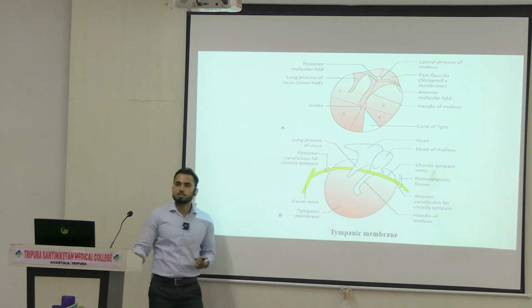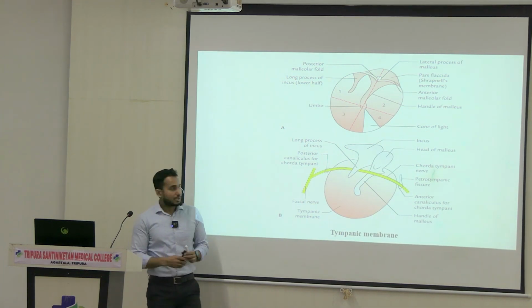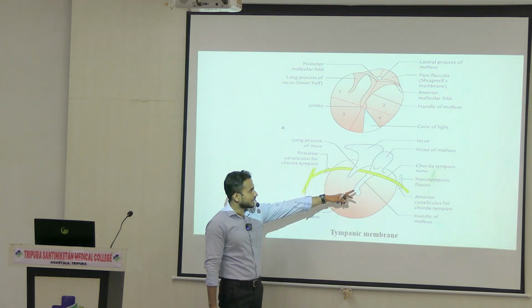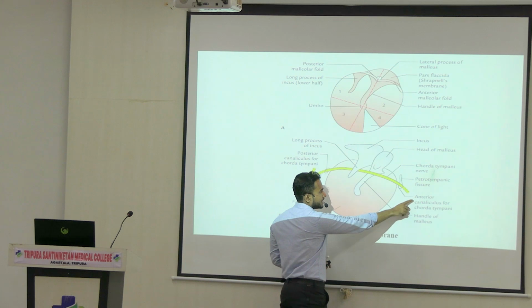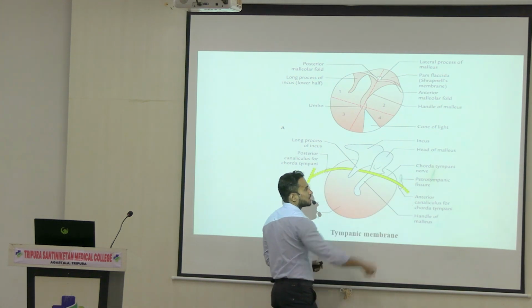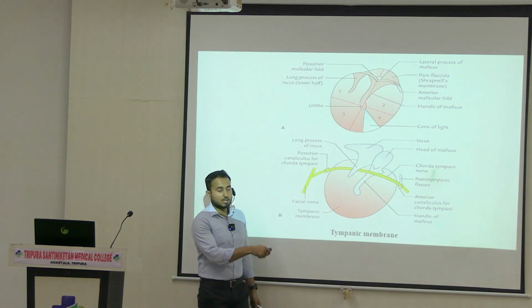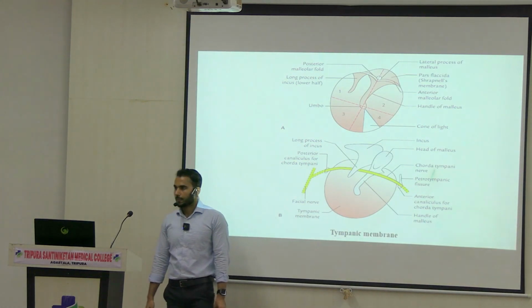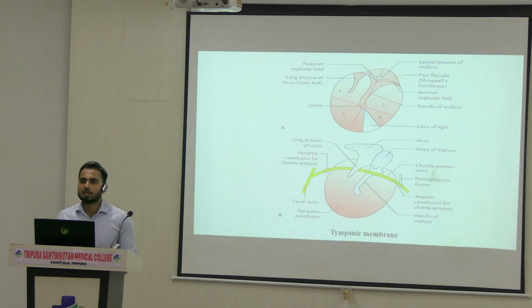When it enters the posterior canaliculus, it passes through the lateral wall, and then it comes out. Once it crosses the anterior canaliculus, there is a fissure called the pterygotympanic fissure, and through it the chorda tympani nerve comes out.